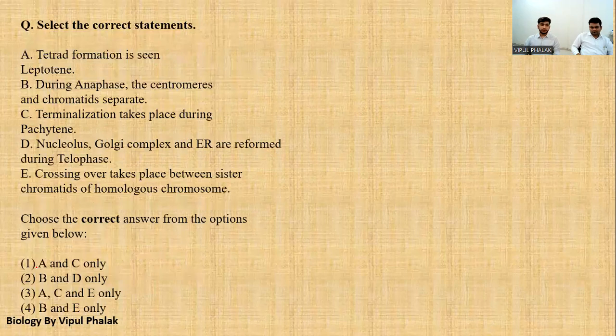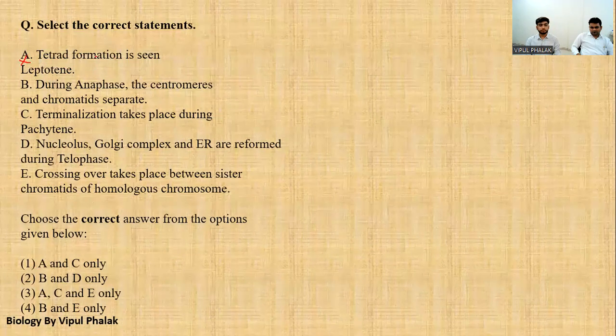Here also we have to select the correct statements. A statement: tetrad formation is seen in leptotene. This is incorrect, as we observe tetrad formation in pachytene. B: During anaphase, the centromeres and chromatids split.